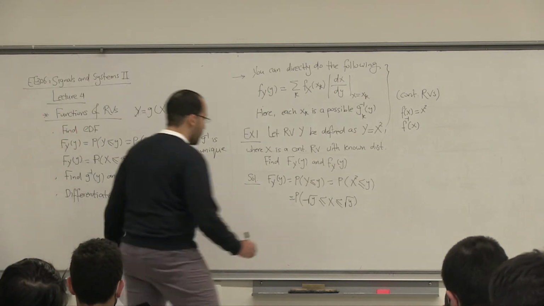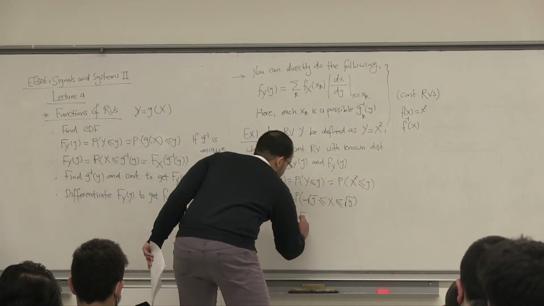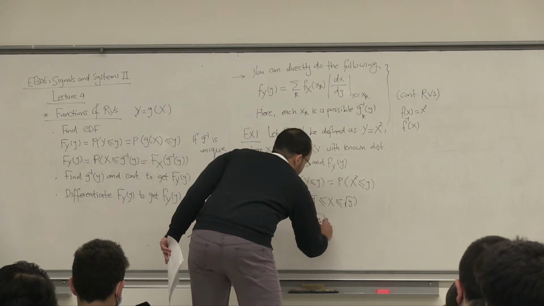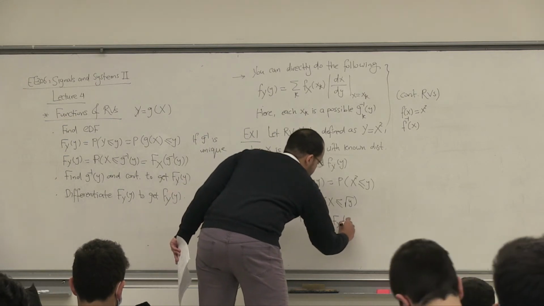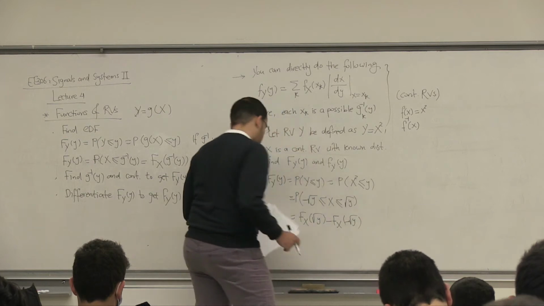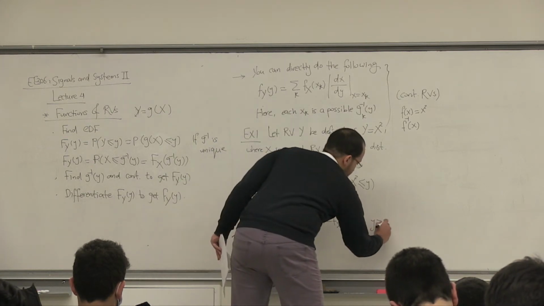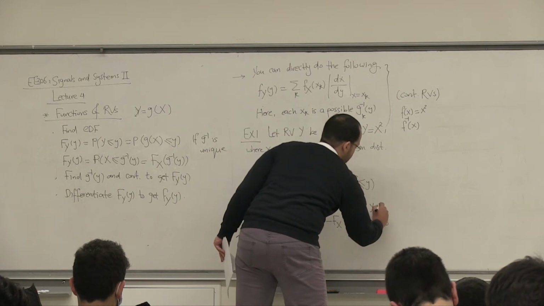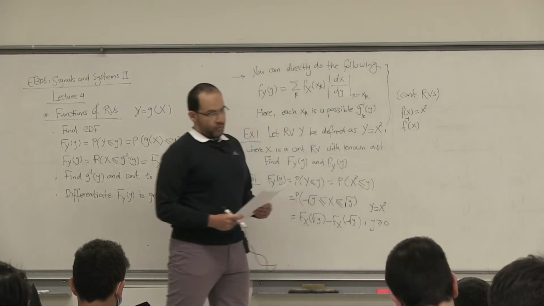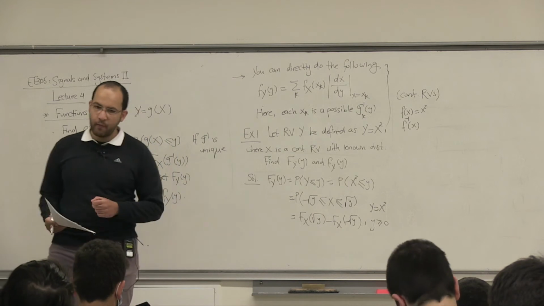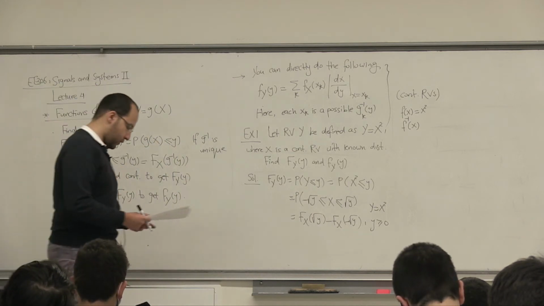Exactly. This we did together last time. So this is F_X of square root y minus F_X of minus square root y. All right? The range of y is greater than or equal to 0. Y equals X squared, obviously, would take only non-negative values. It can be 0, of course.